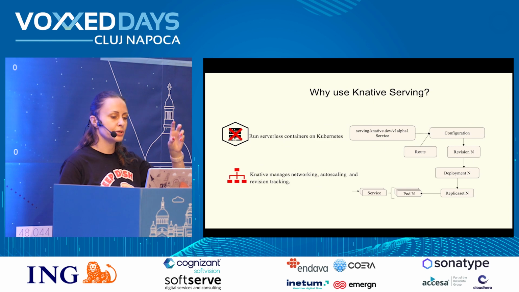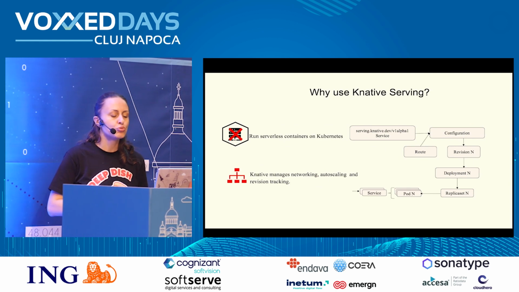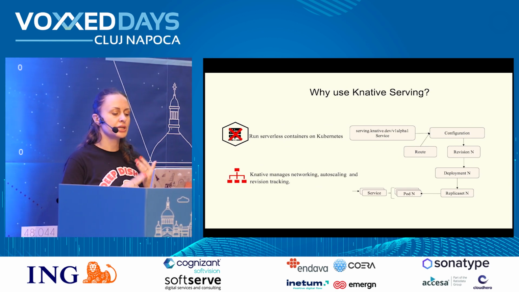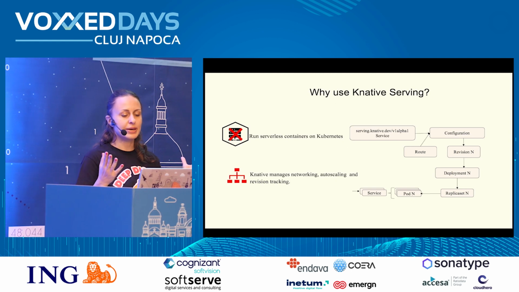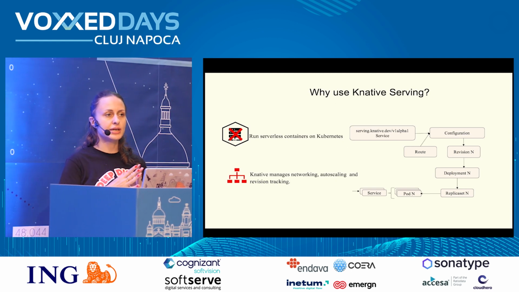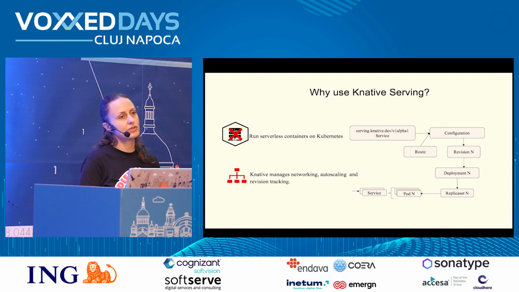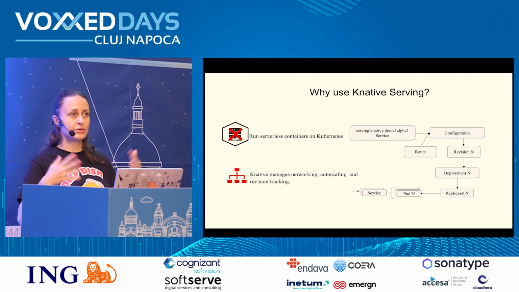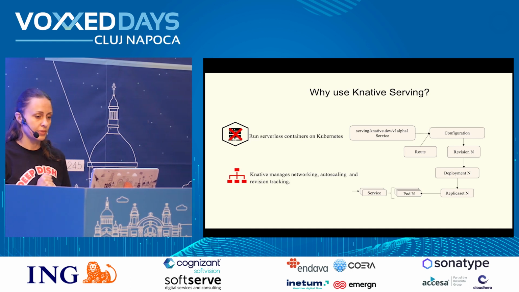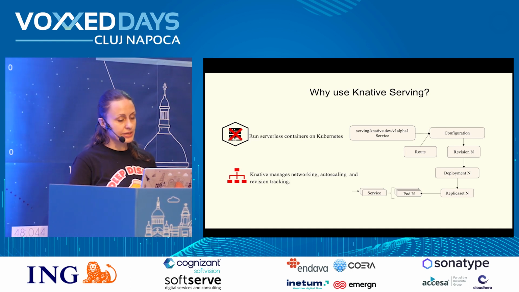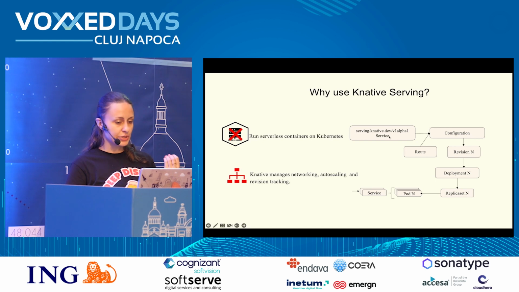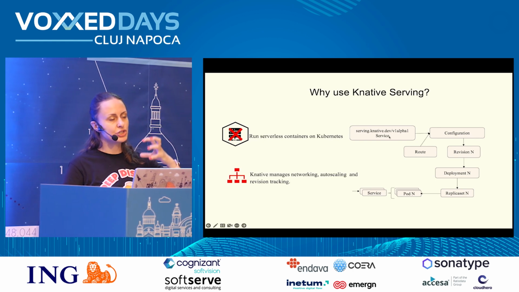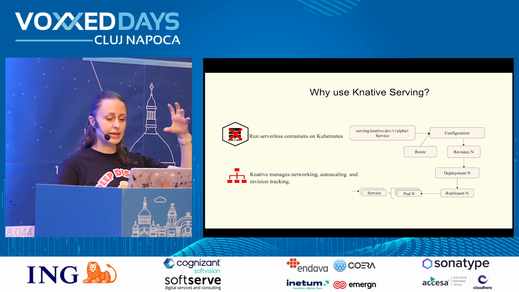It has two parts. Knative Serving is pretty much used for managing networking, or traffic patterns, auto-scaling, and revision tracking. So when you're using Knative Serving, pretty much you're aiming to have blue-green deployments or canary releases. So it works really great with that. The reason is that a Knative service, like in the picture here, manages an entire configuration in Kubernetes.